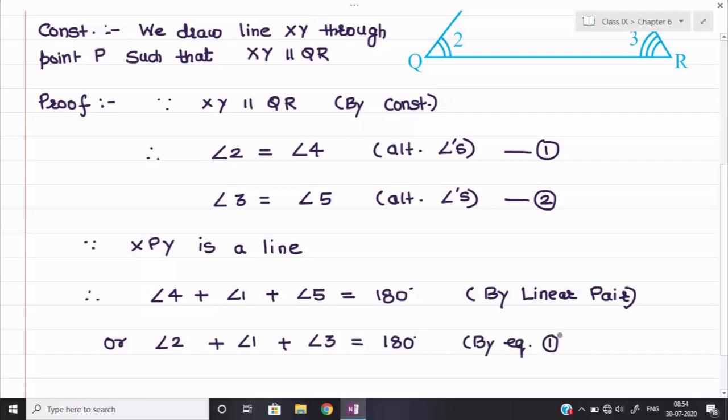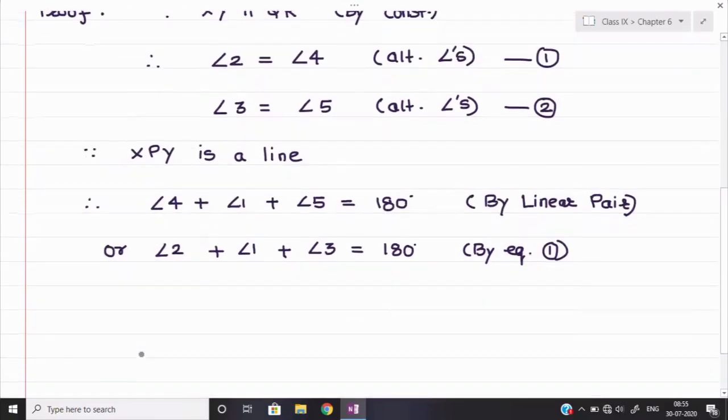Now we shall rewrite the equation in a proper manner, meaning I will arrange the angles. First I will write down angle number 1, then angle number 2, and then at last angle number 3. And the sum of all these three angles we got equal to 180 degree. That was only required to be proved in the question.